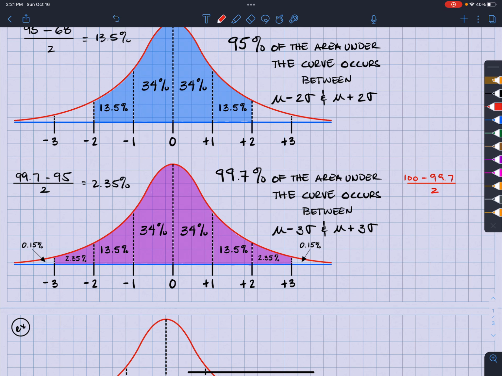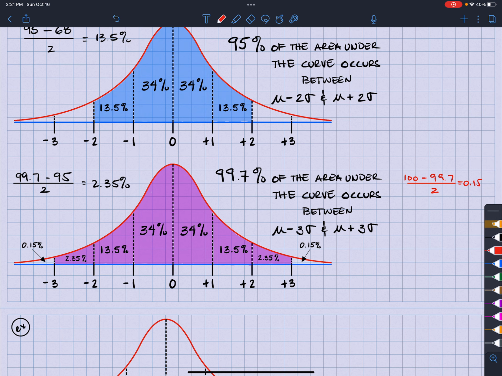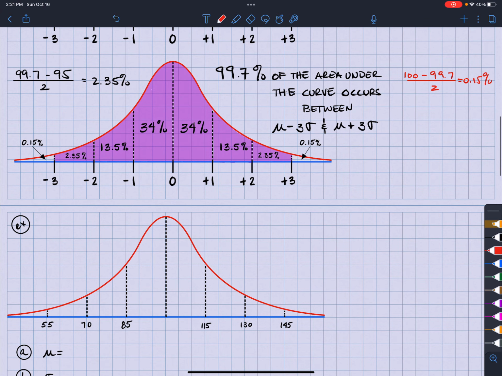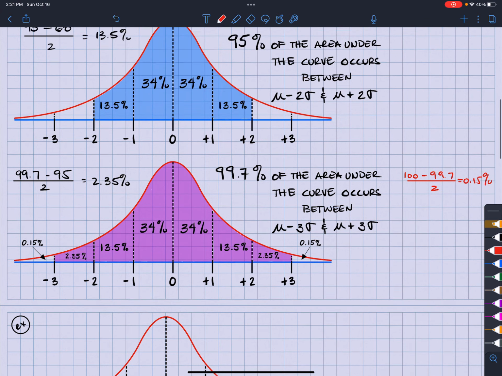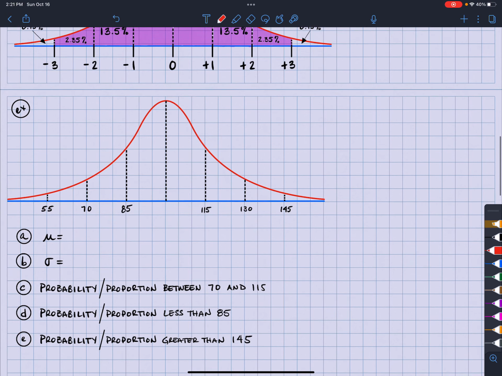So that way I got the 0.15%. Okay? So that's how I got those percentages, all right? So those are the things that you need to know, and let's do an example.